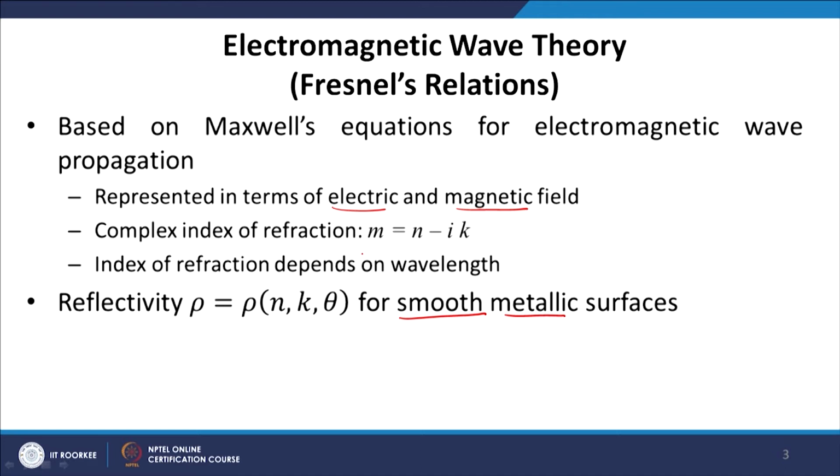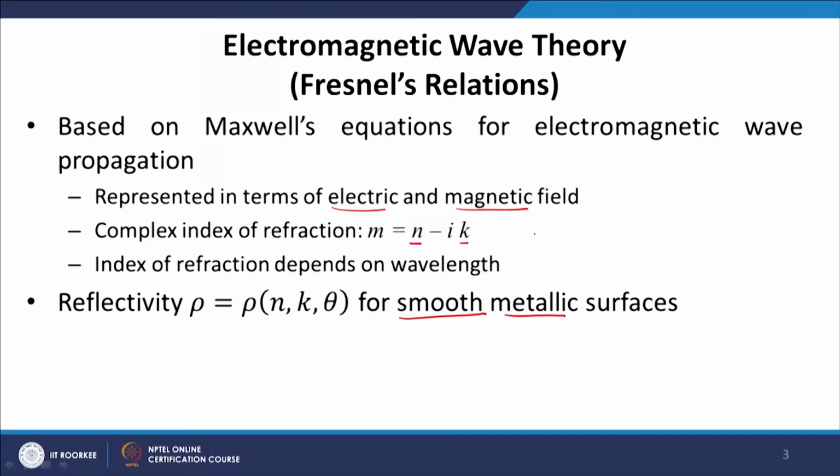You all know the refractive index, but not everybody knows that it is a complex quantity. We have a real part n, which we normally call the index of refraction, and there is also an imaginary part with magnitude k. The complex index of refraction is used to calculate the properties of the surface, and both n and k depend on wavelength.